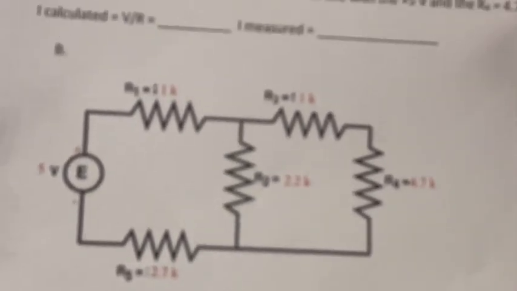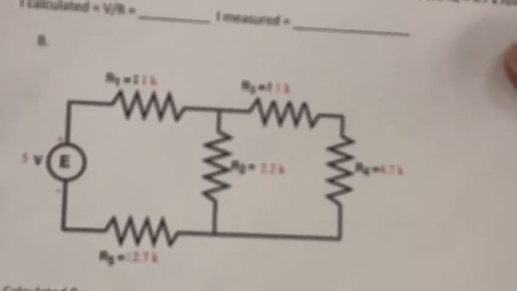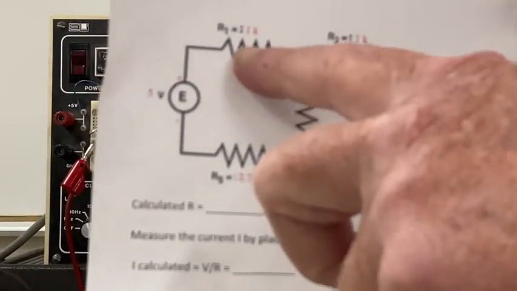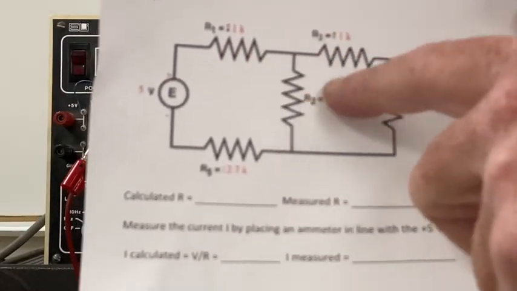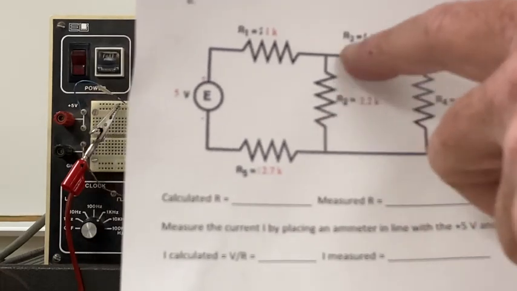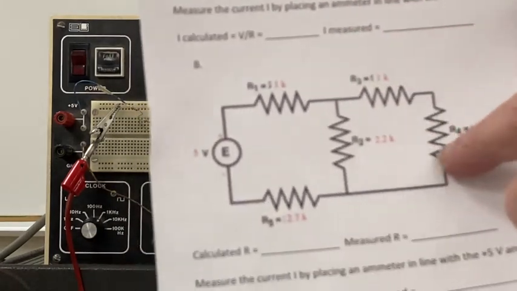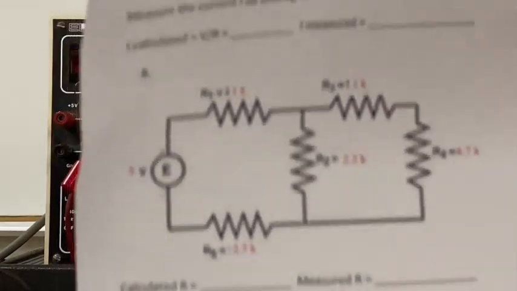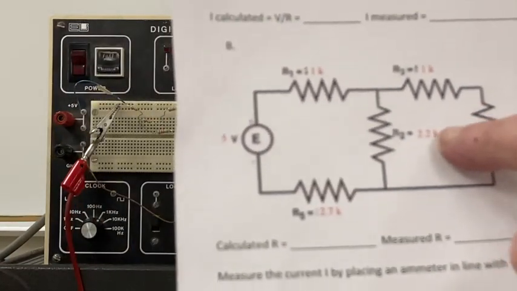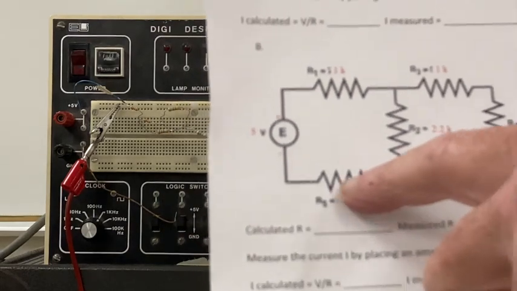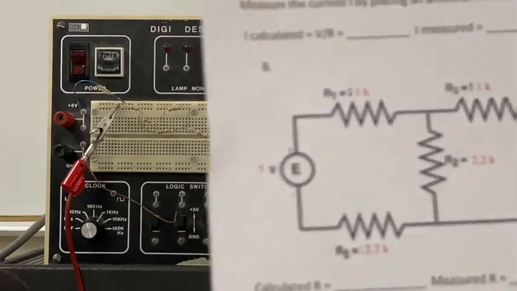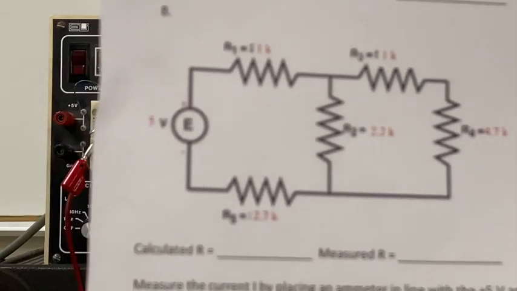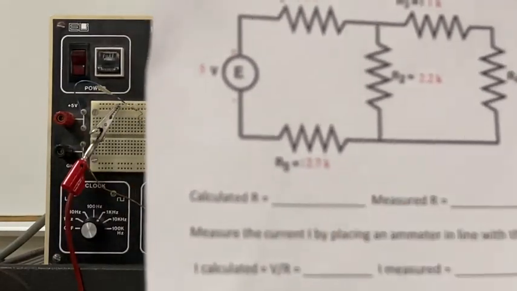And this is the one at the bottom of page 1, with the 1K hooked into the 1K and the 4.7K in series, which then is connected in parallel with the 2.2K, and the result is connected in series with the 2.7K. So the first thing you'll do is calculate, if you haven't already, make sure you calculate R.